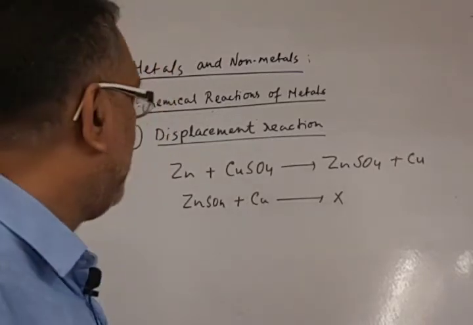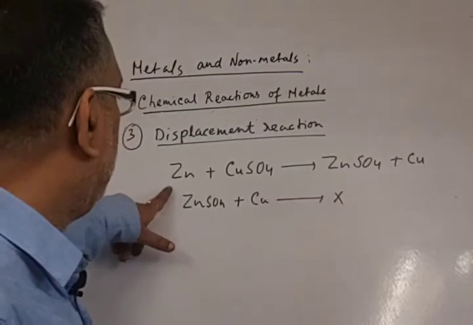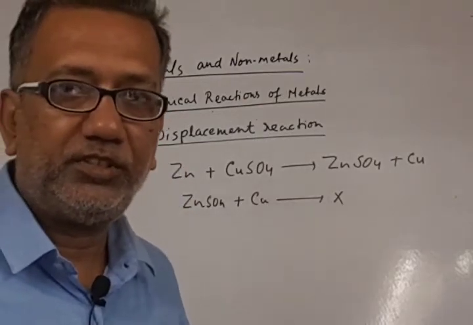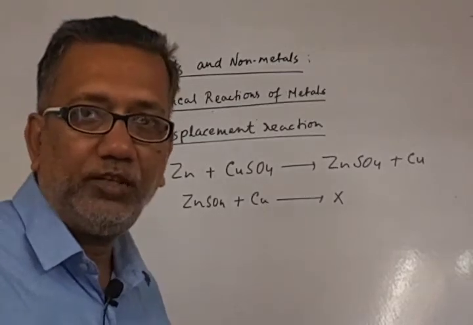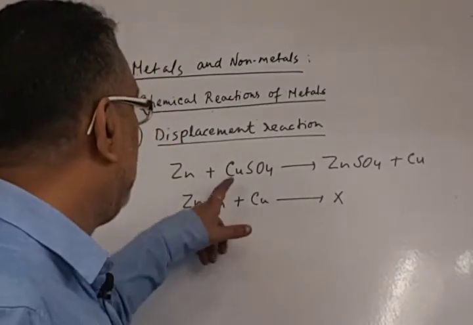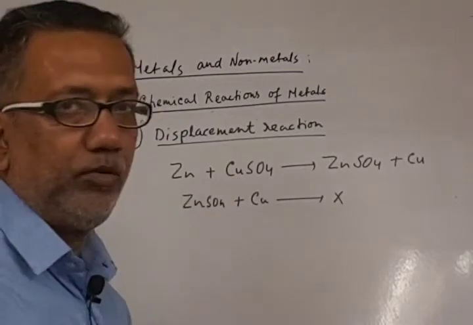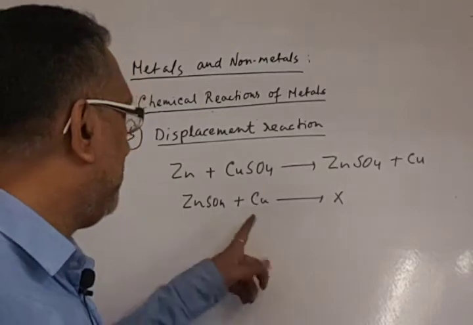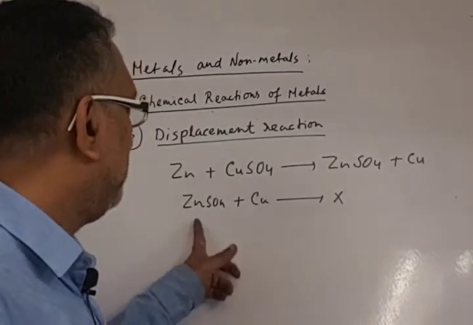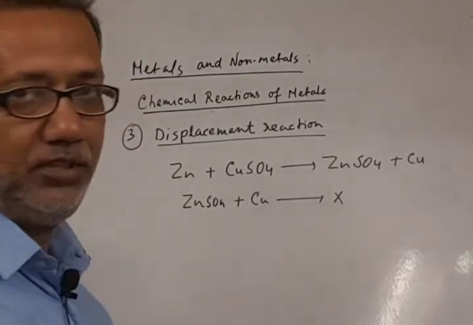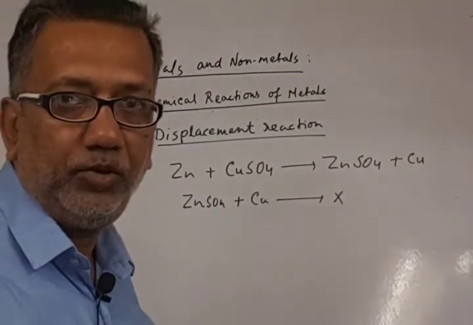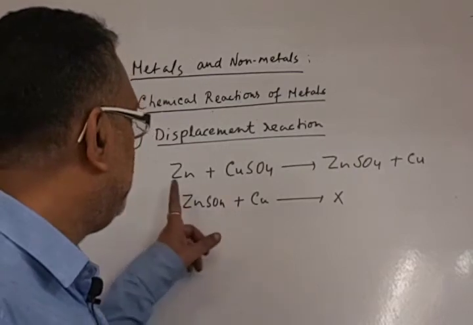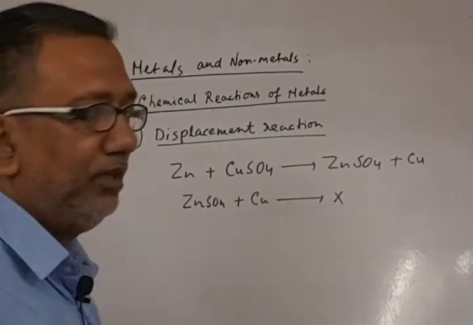In the reactivity series, you will find that zinc is above copper. So those that are more reactive can replace the less reactive metal from its salt solution, but those that are less reactive cannot replace the more reactive metal from its salt. For that reason, zinc cannot be replaced by copper.